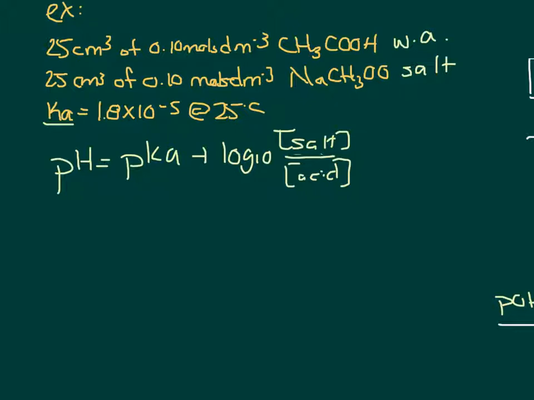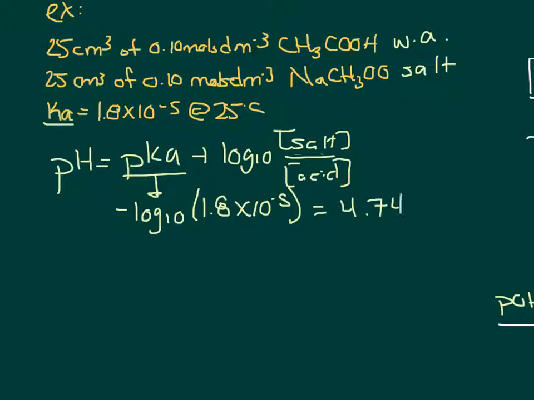First, we need to get our pKa, which means we want to take the negative log base 10 of the Ka value, 1.8 times 10 to the negative 5. When you do that in your calculator, you get 4.74.